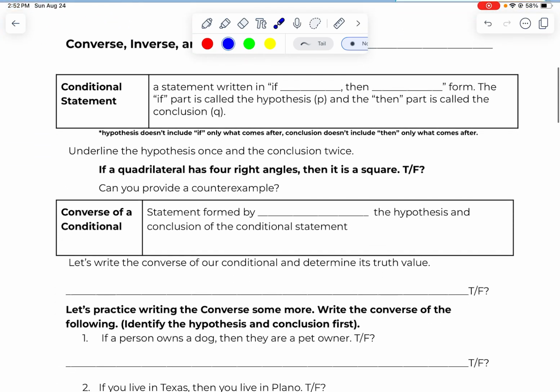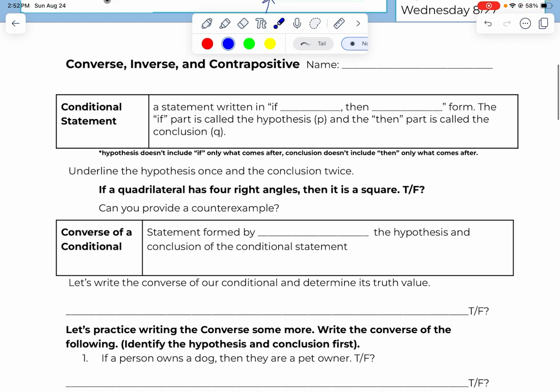So, into the notes. Inverse, converse, and contrapositive. All of these are based on the conditional statement. Conditional is the original statement, whatever you start with. It is a statement written if hypothesis, then conclusion.